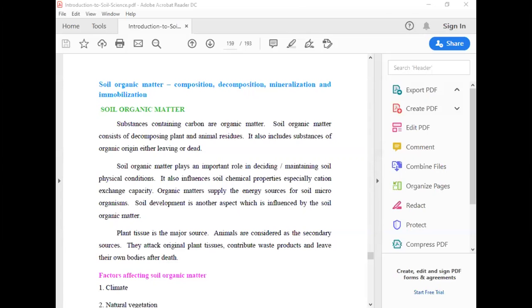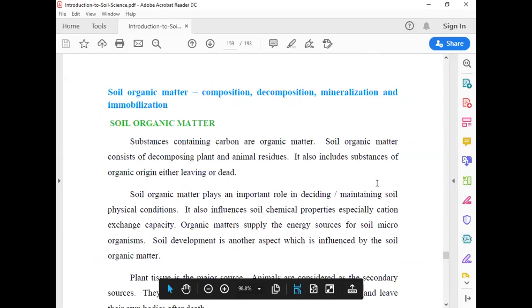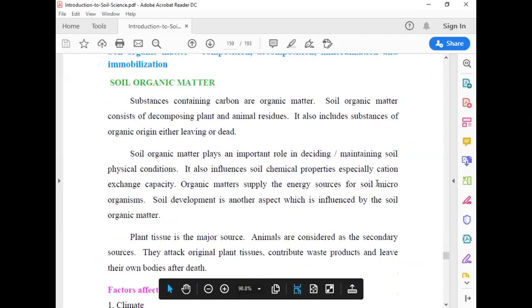It is present in the very uppermost layer of soil, designated by the O horizon. It contains partially decomposed and partially undecomposed organic matter.